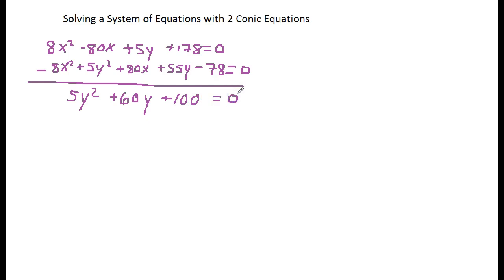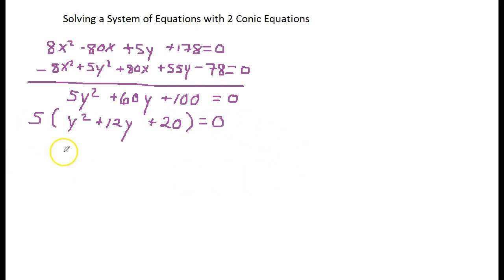Now, I am going to factor out a 5 from each of these. In other words, I'm dividing the whole thing by 5. Okay? So, if I divide out a 5, I've got y squared plus 12y plus 20 equals 0.